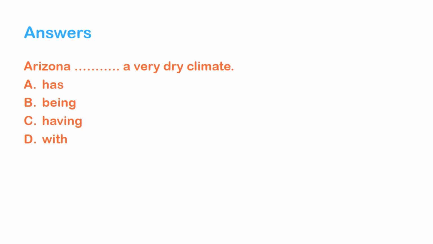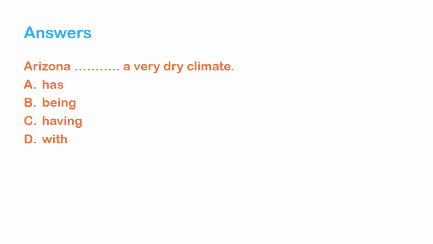Here is the first question. Arizona, blah blah blah, a very dry climate. And we have four options. A, has, B, being, C, having, and D, with. Remember to not use an ing form of the verb in missing main verb questions.